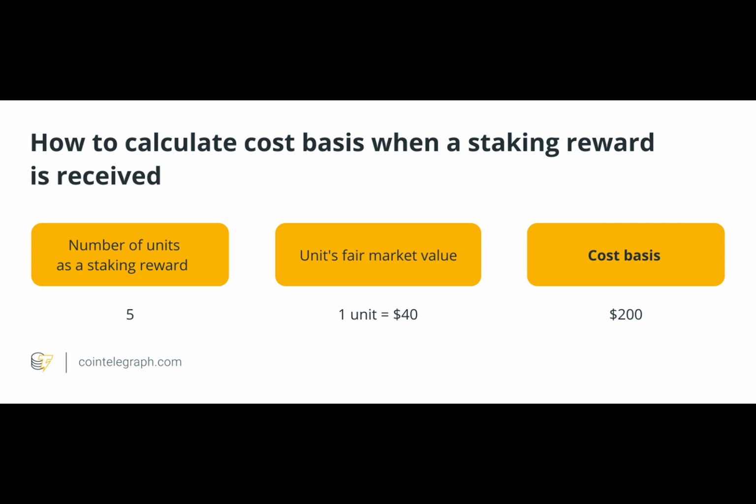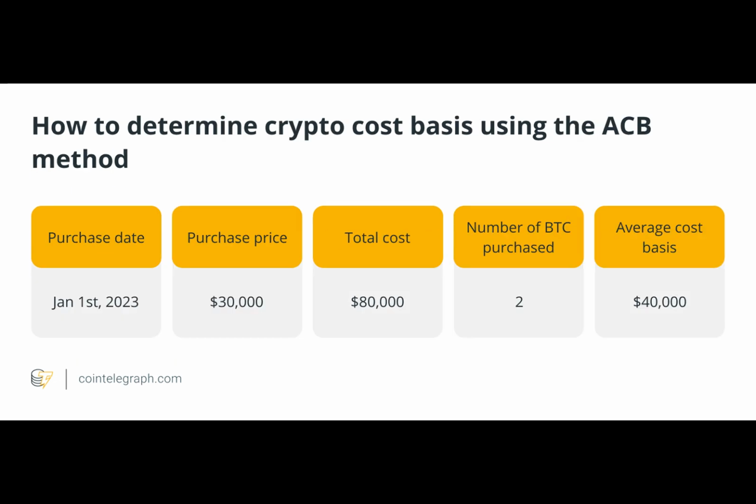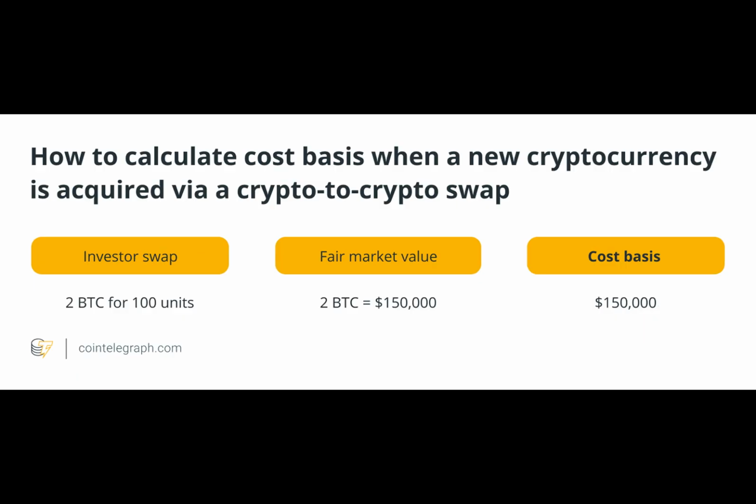So investors who are selling or disposing of crypto assets indicate the exact units they are selling and the price at which they were purchased, because this method accounts for the specific purchase price of the units being sold. It enables an accurate cost basis calculation.